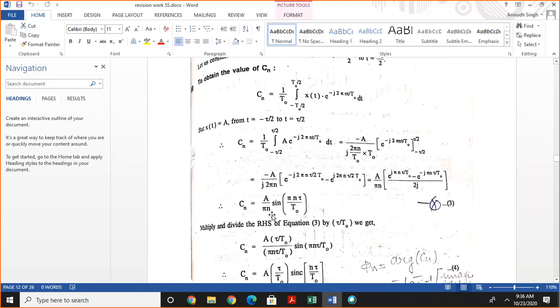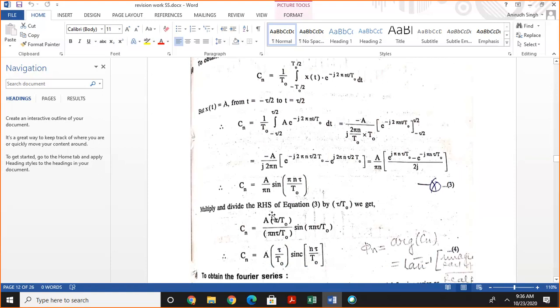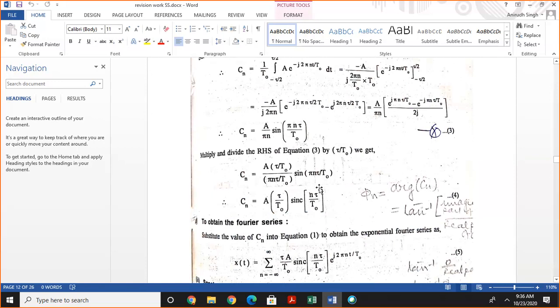So it is given by this formula, and the value of x of t in the rectangular pulse is A, and the limit is from minus tau by 2 to tau by 2.